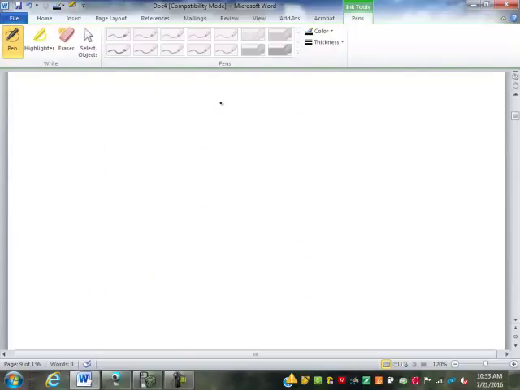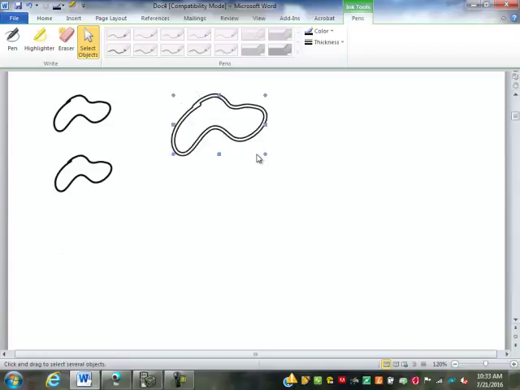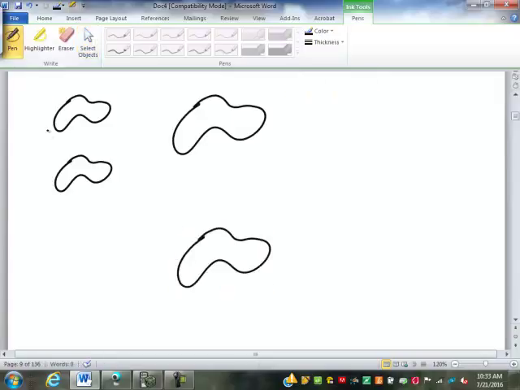But you might have something like this, where I have an object that has been enlarged. The height of this object is 4 inches. It has been enlarged to 10 inches.